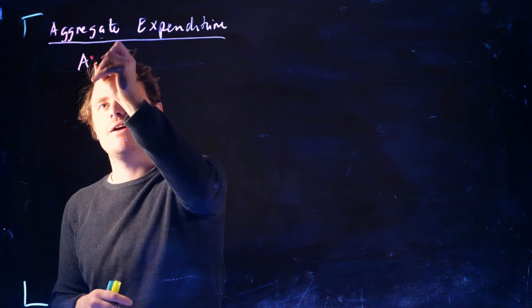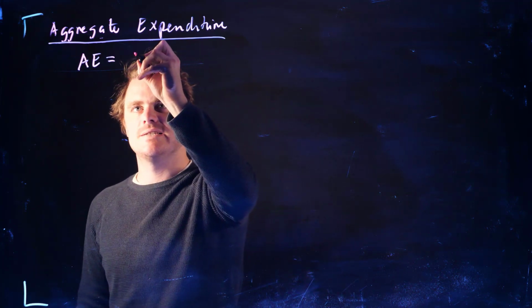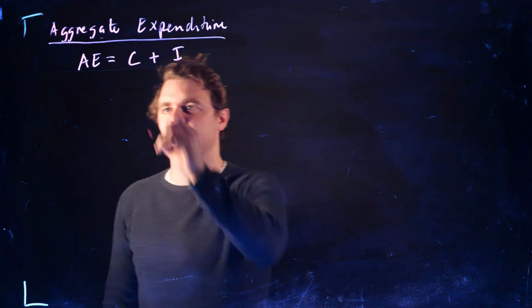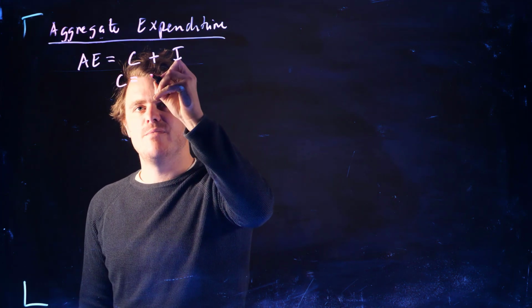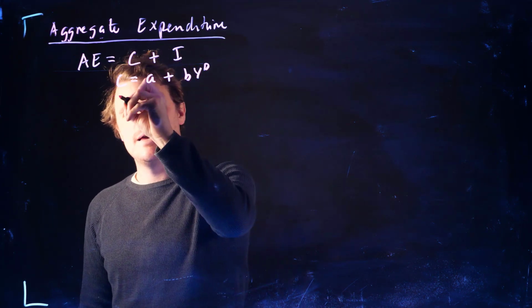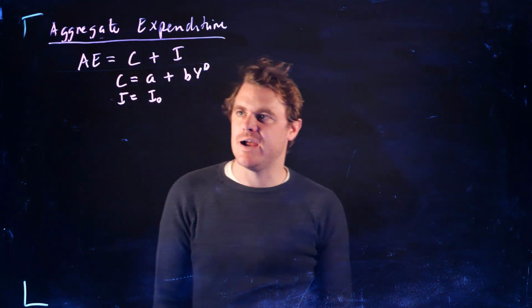So we have aggregate expenditure in our really simplified model with no government and no foreign trade is equal to C plus I. We've modeled C as A plus B times YD, and we've modeled investment as just some constant there.